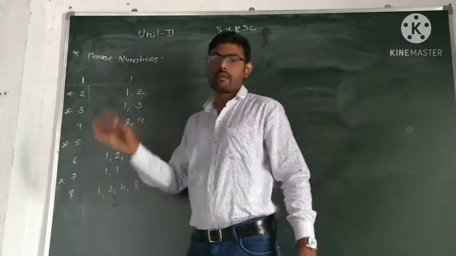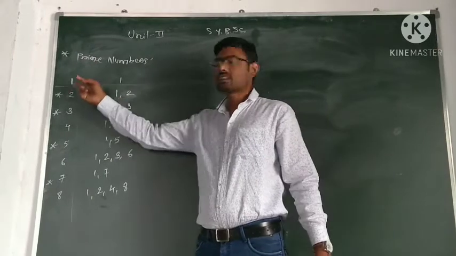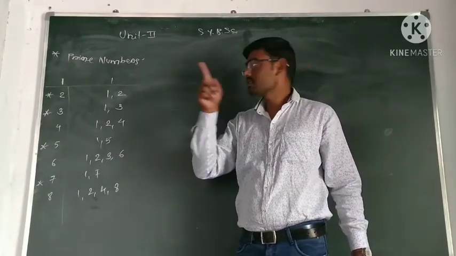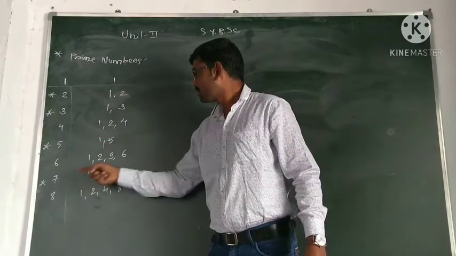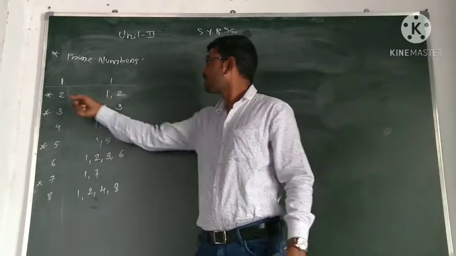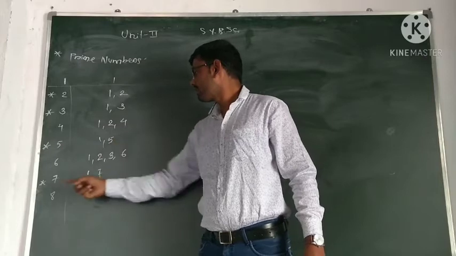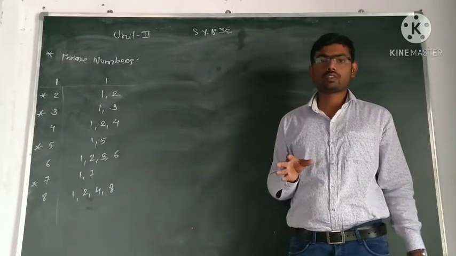These numbers are called prime numbers. A number is called prime if it is greater than 1 and has only 2 divisors. One divisor is always fixed at 1, and the other is the number itself.